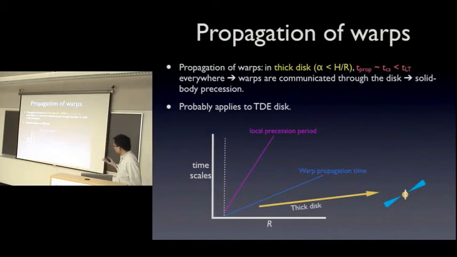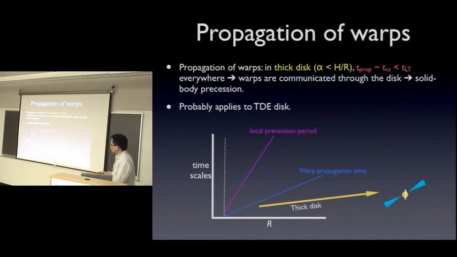Since the disk is thick, the sound speed is high. Eventually the warp propagation timescale can be smaller than the local precession period anywhere in the disk. If that's possible, then any warp generated from the inner disk region can be propagated through the entire disk.